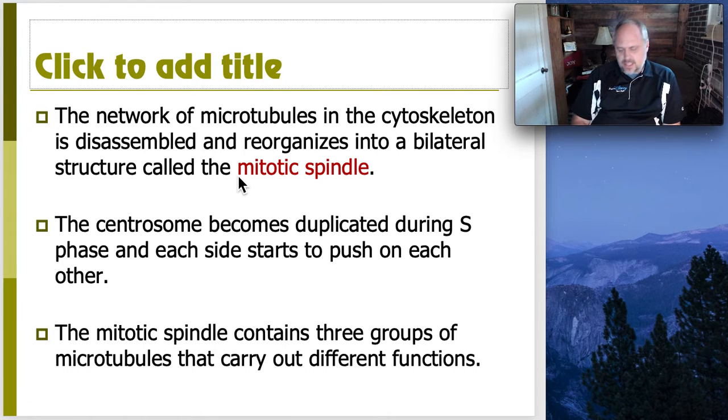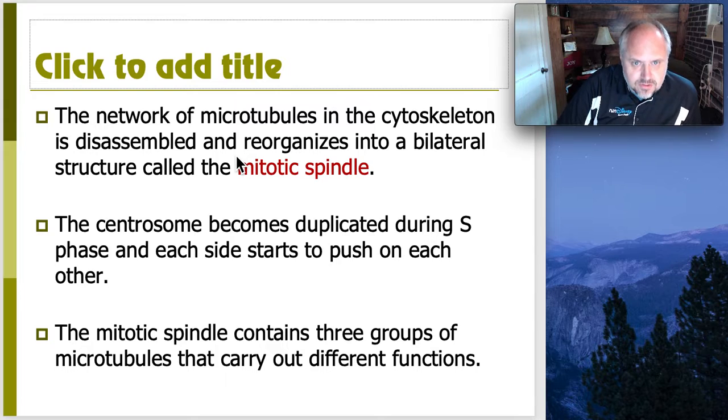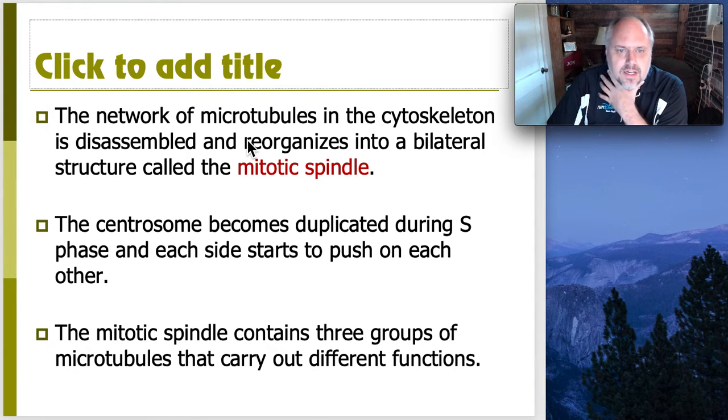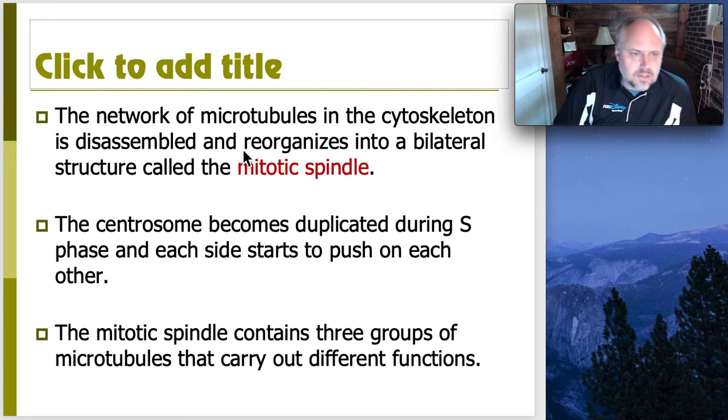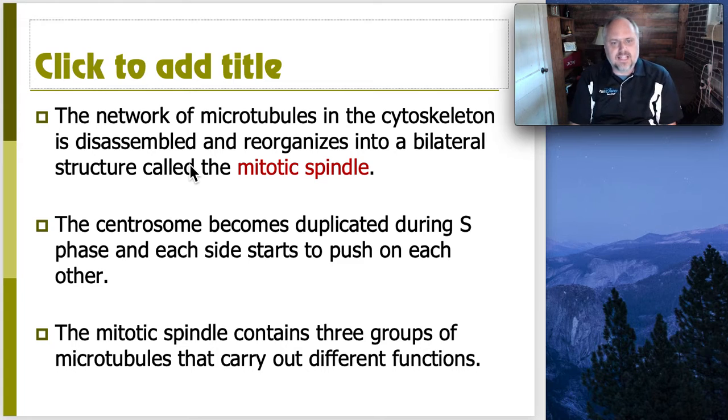And the second thing that is going to be taking place outside, and that is going to involve the cytoskeleton that we talked about, and is going to reorganize the microtubules in the cytoskeleton into what we call the mitotic spindle.